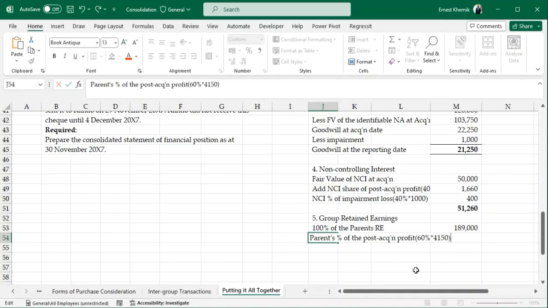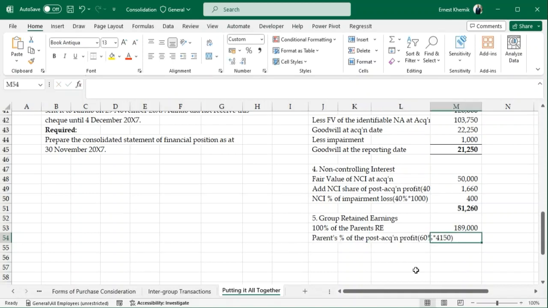I have done these in my previous videos, that's why I'm rushing with these ones. So this is equal to 0.6 times 4150, and that gives me 2490.